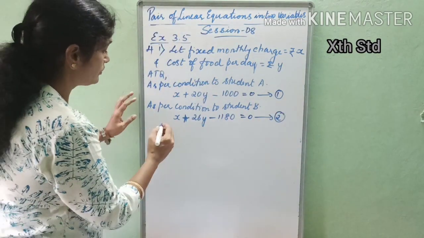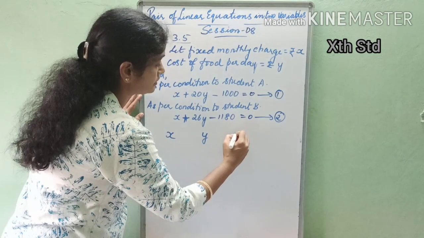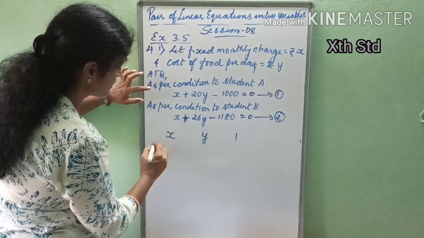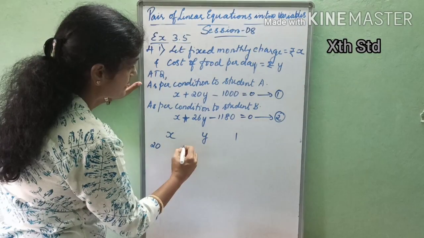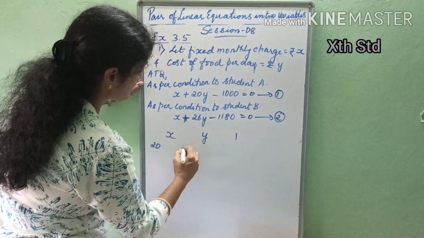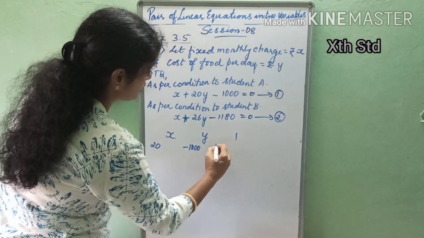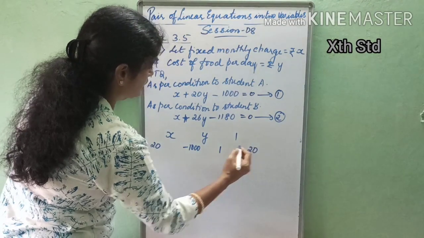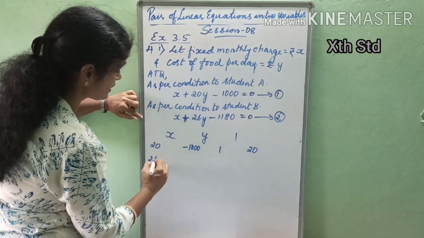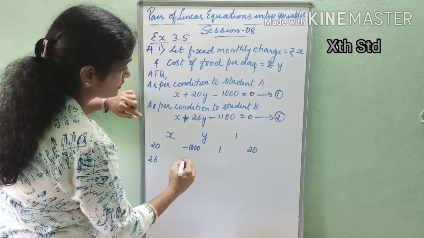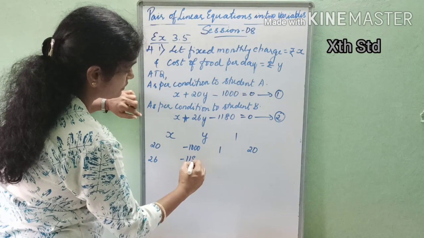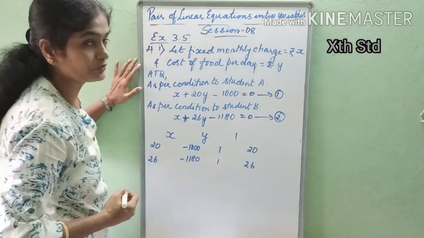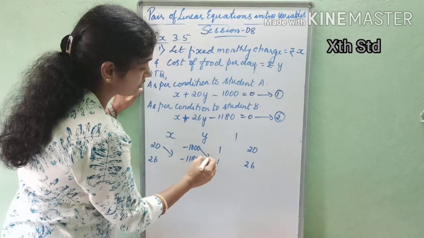Now we will place their coefficients in this manner: B1, C1, then A1, 1 and B1, same 20. Then B2, 26, then C2, A2 and B2. Then these arrows.